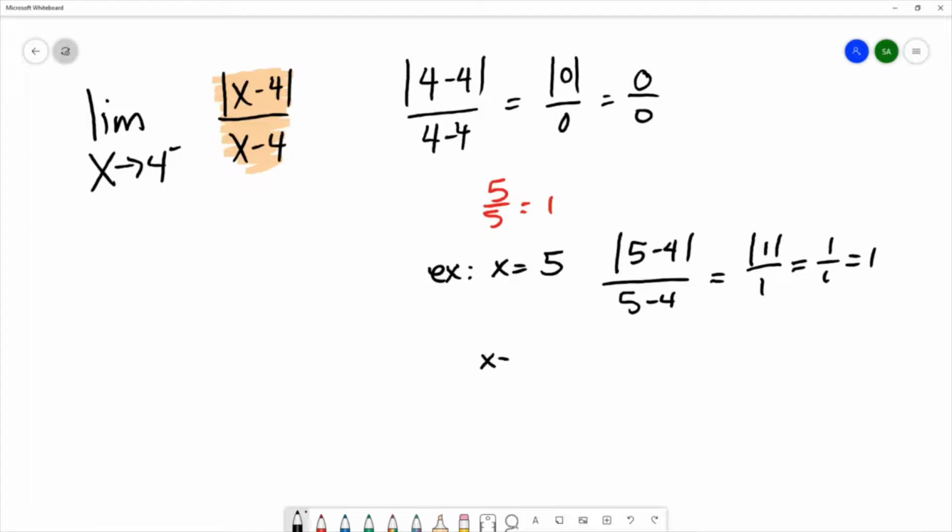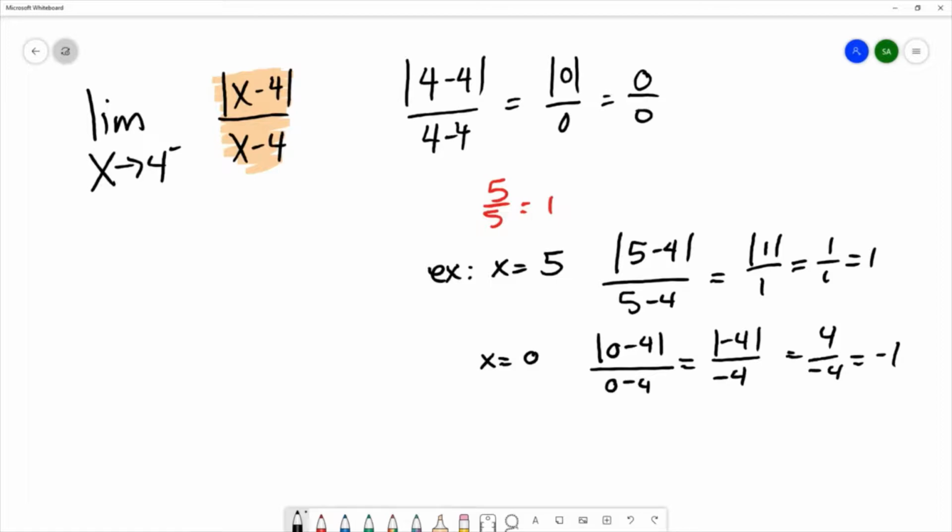But if I let x equal 0, this would be absolute value of 0 minus 4 over 0 minus 4, and absolute value of negative 4 is positive 4. In the denominator we have negative 4, and that answer comes out to be negative 1.